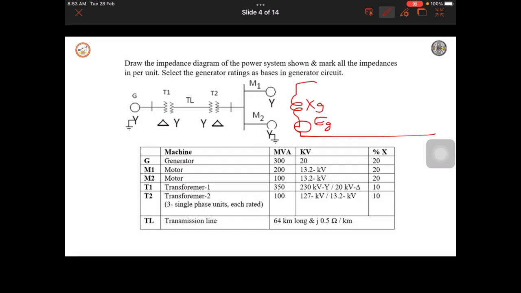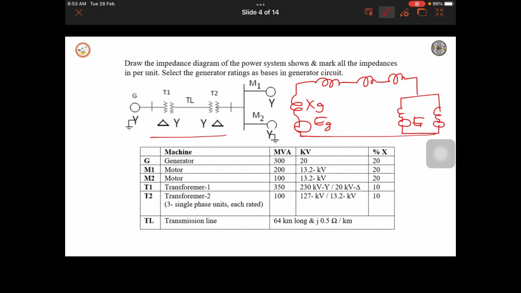So the beginning and the end of the power system, like the generator and the motors, we have to write in parallel. Whereas transformer 1, transformer 2 and the transmission line, these three we can write in series. So transformer 1 is represented like this. Next the transmission line, one more transformer, and then the motors. These two motors are represented like this.